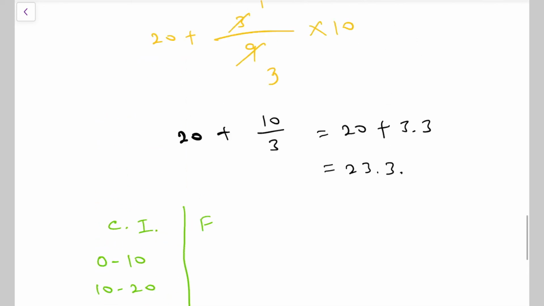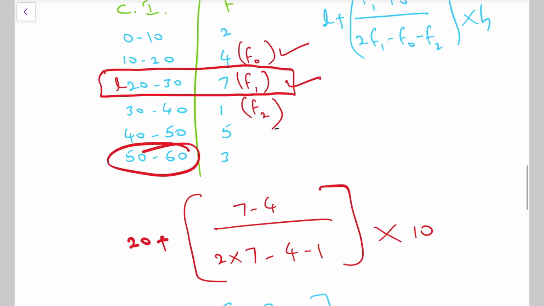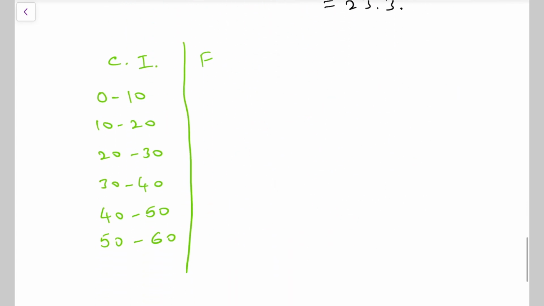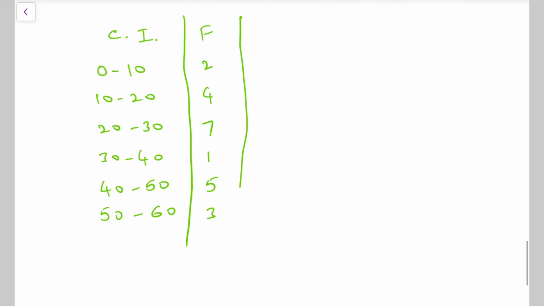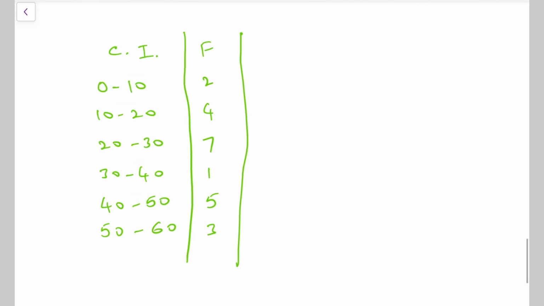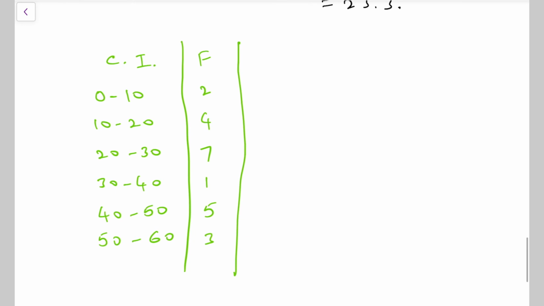Let us write the frequencies: 2, 4, 7, 1, 5, 3. Now in this median, one extra column will be there. That column is cumulative frequencies, in simple CF. We will write that cumulative frequency.